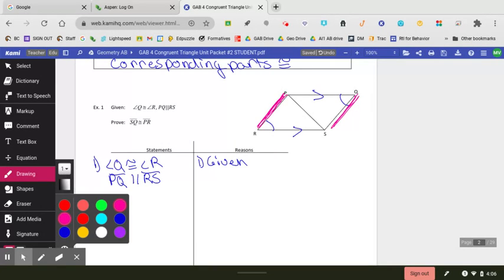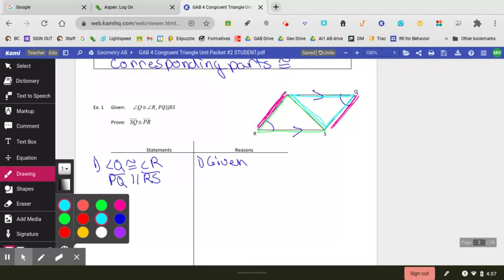Well, those two are both parts of my green triangle here, PRS, and then my turquoise triangle, PQS. Actually, that's not the correct order for those triangles, but I want to prove those two triangles are congruent.